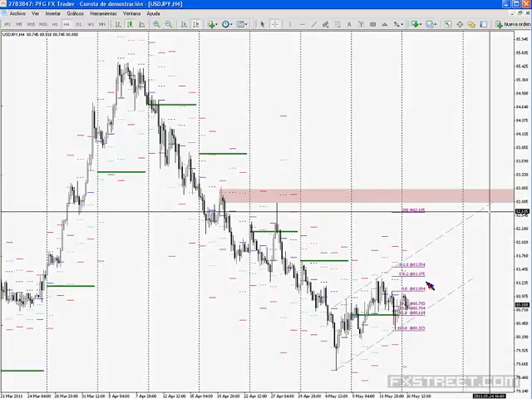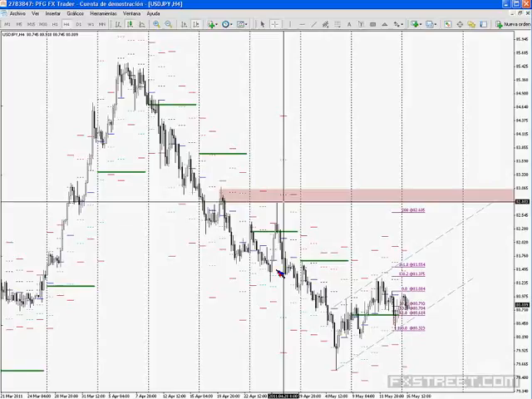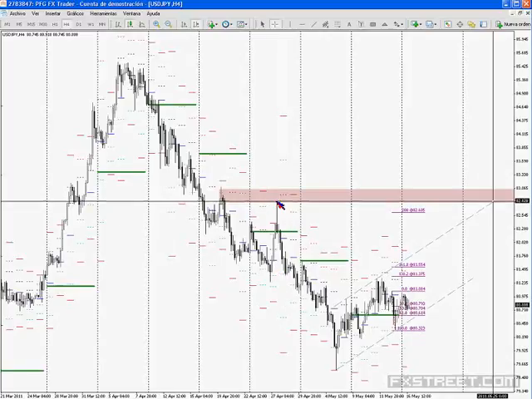Although that supply has been partly observed on the 27th, we have that spike here observing that supply, suggesting that supply located here might not be enough to attract prices to that level.